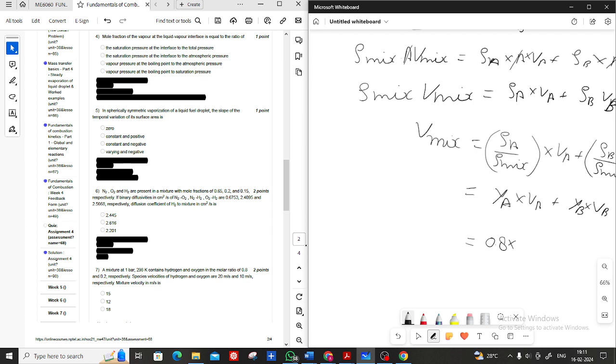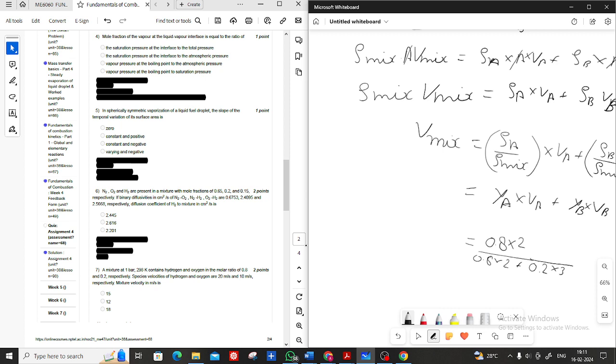Here you can do 0.8 into 2 upon 0.8 into 2 plus 0.2 into, what is the other species, oxygen. What is the molecular weight of oxygen? Can you tell? 32.